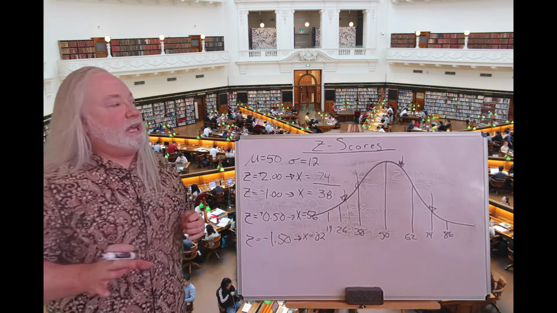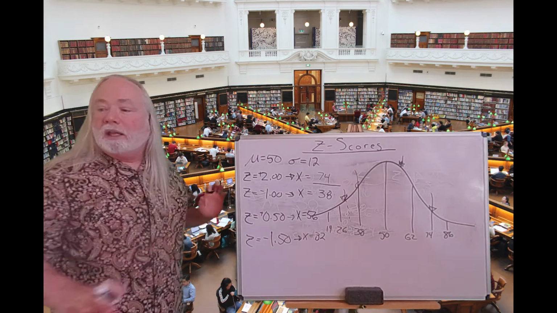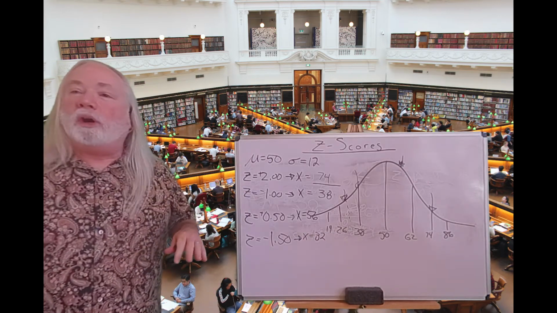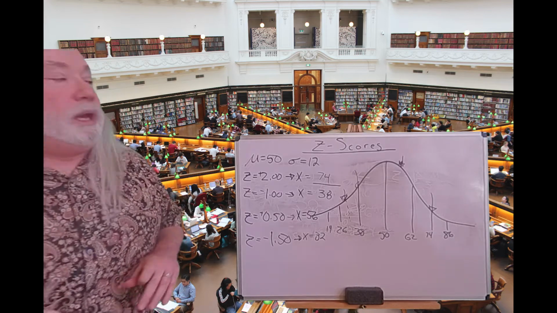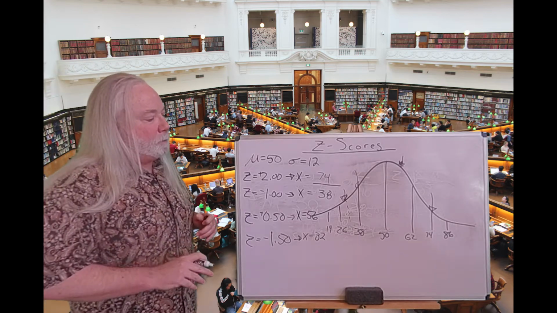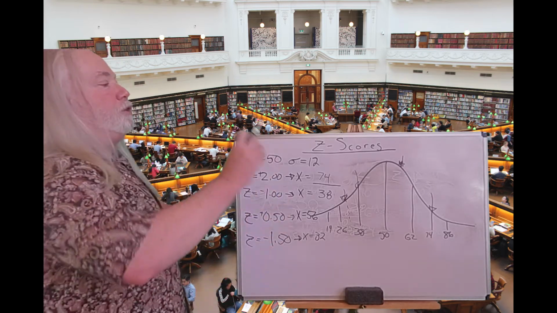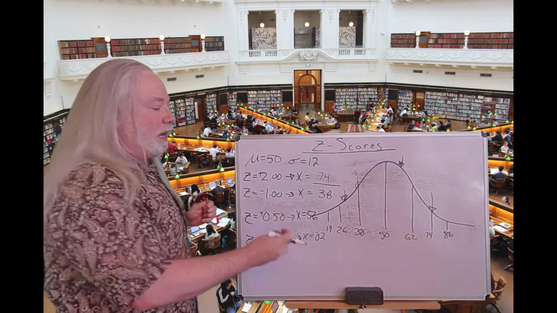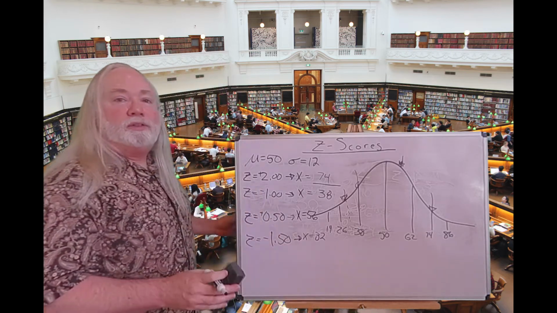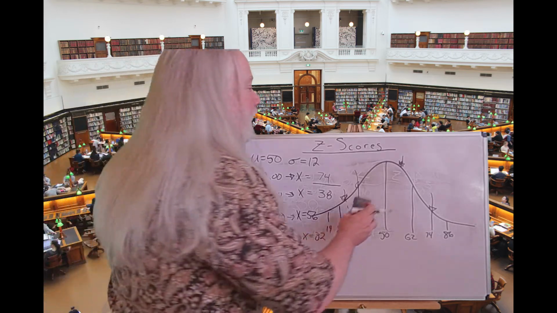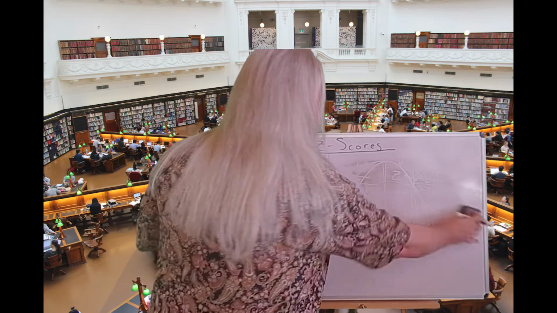Again, we're going to see that there's a formula for this as well, because sometimes it doesn't all work out with nice even whole numbers. But in this case, we're dealing more with the concept level of it. So we can turn our raw scores into z's, and our z-scores back into raw scores. Let me go ahead and get rid of this curve.